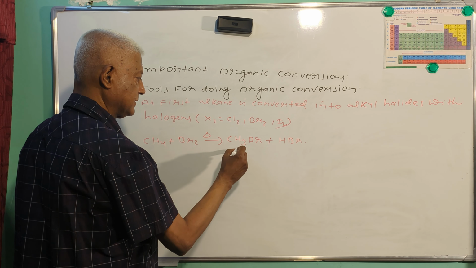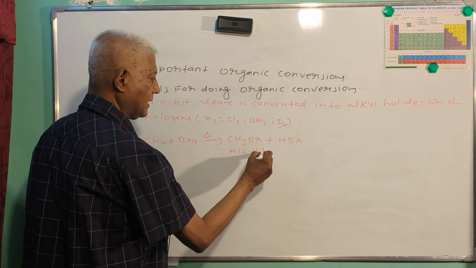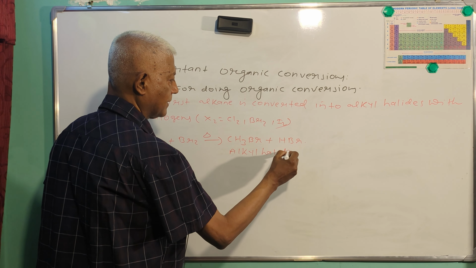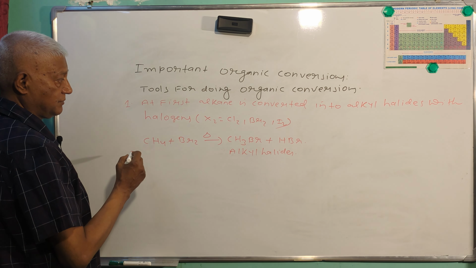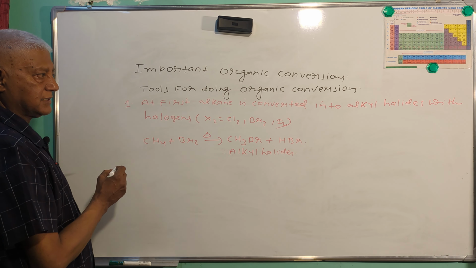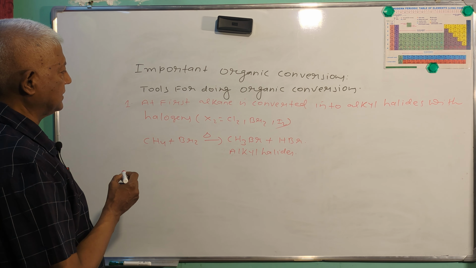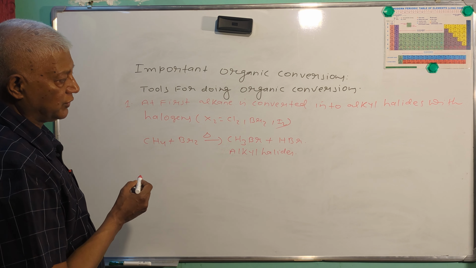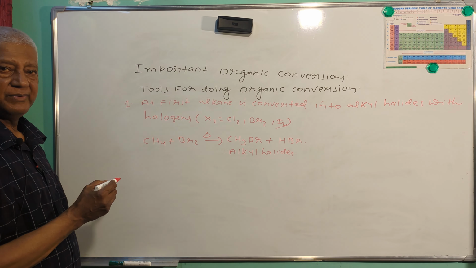That is known as alkyl halides. Yes, first tool: alkane is converted into alkyl halides with halogen. Halogen may be chlorine, maybe bromine, maybe iodine.